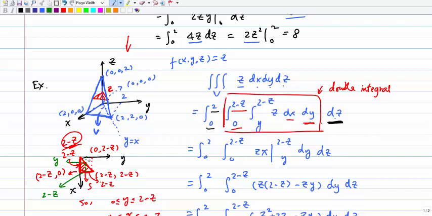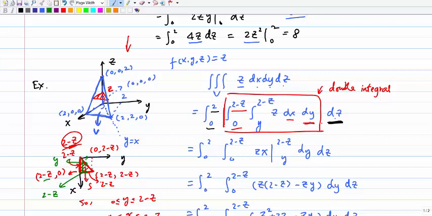If I select a certain y, what is my lower bound and upper bound for x in this defined region? Your upper bound is always 2 minus z, since you end here. Your starting point is from y, because whatever y is defines the lower bound. If y starts from 0, your x will start at 0, because you're going to cross this line.